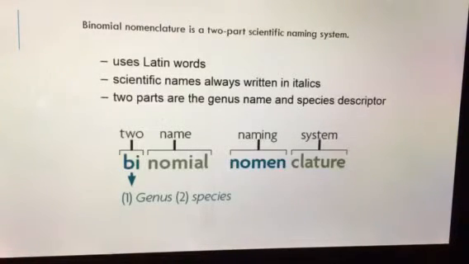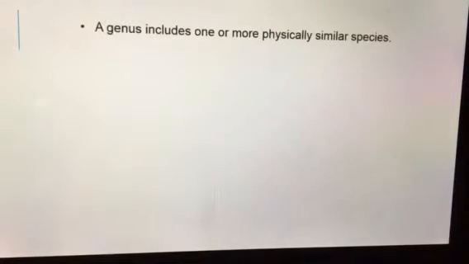So again, binomial nomenclature is a two-name system, our genus and species. When we talk about Escherichia coli, the genus is Escherichia and coli is the species. So there's always a two-part name for this.